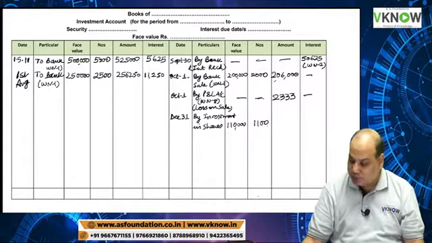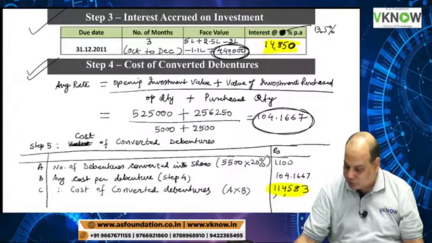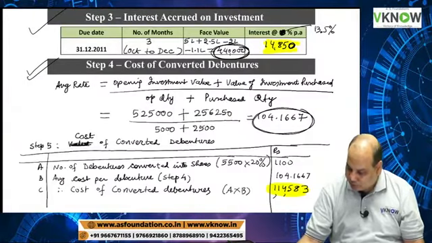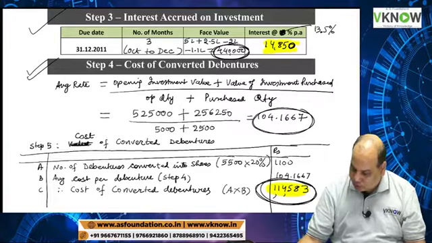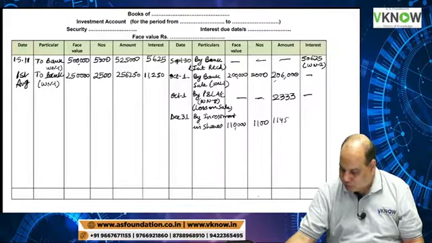1100 is the quantity and we have done the calculation of the cost. I will take you to working note number 5 below: 1,14,583. Here you can write working note 5.